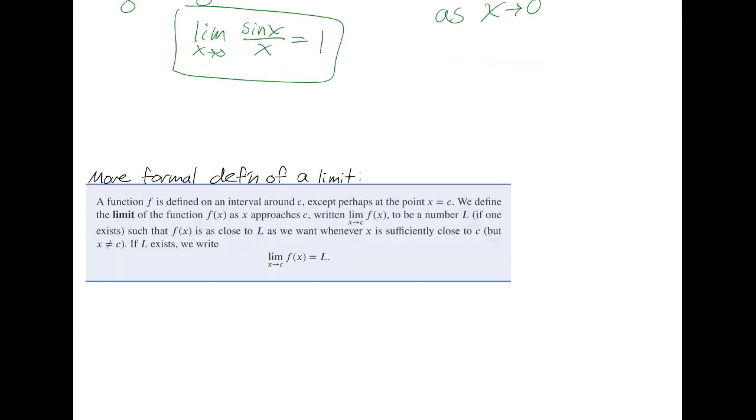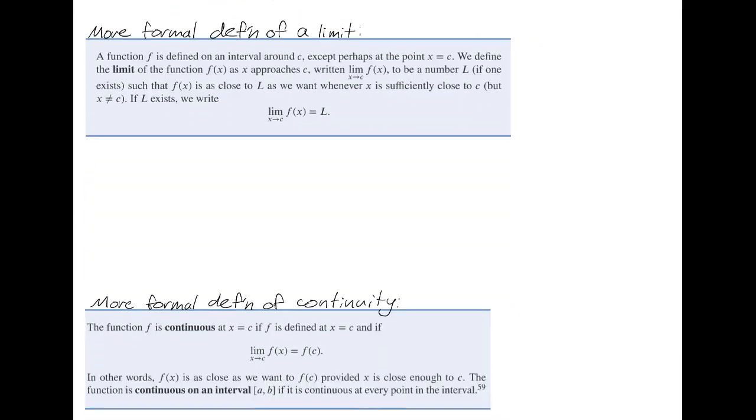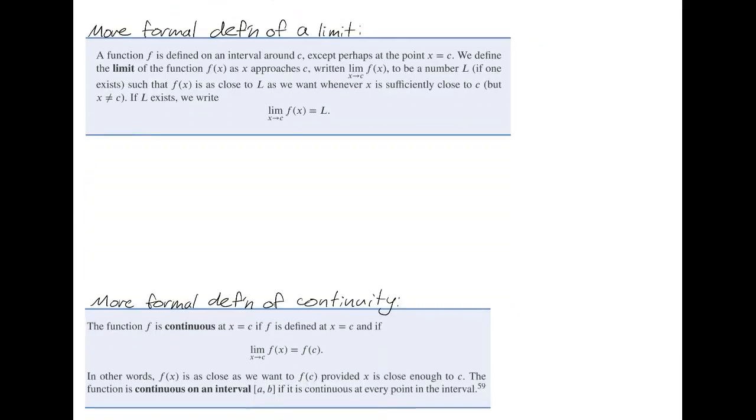So how do we avoid that? Here's a more formal definition of a limit, which we're going to use. We say a function f is defined on an interval around c, except at the point x equals c. We define the limit of the function as x approaches c, written the limit as x approaches c of f of x, to be the number L if it exists.